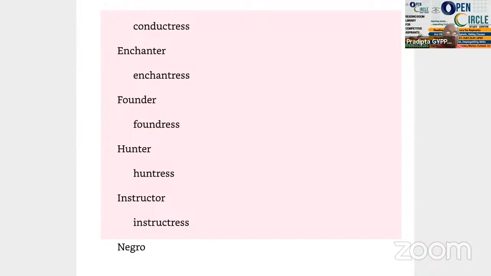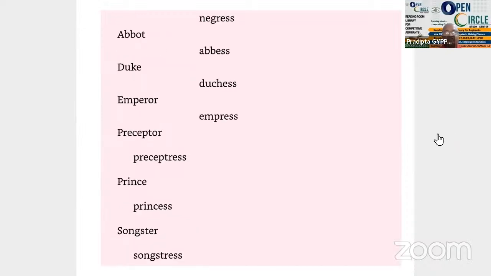Now, here is the word Negro. What's the meaning of the word Negro? Sir, a person with African ancestry. Correct. A person who has an African ancestry, they're dark and black. They're known as Negro, and Negroes. Native Africans are Negro.